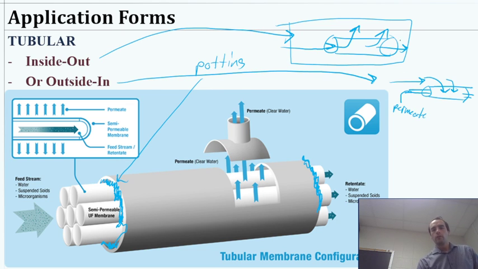Whereas this would be permeated through the membrane starting from the inside and going to the outside, we could reverse it and do outside to in. And there's a technical reason we might want to do one or the other.